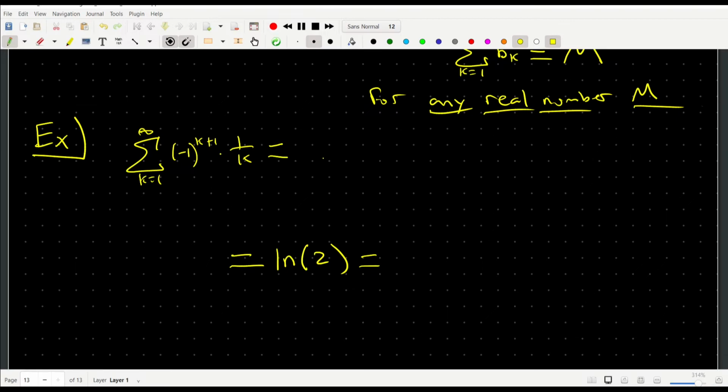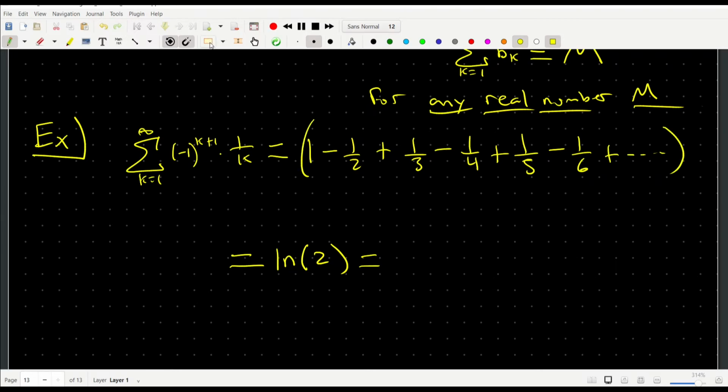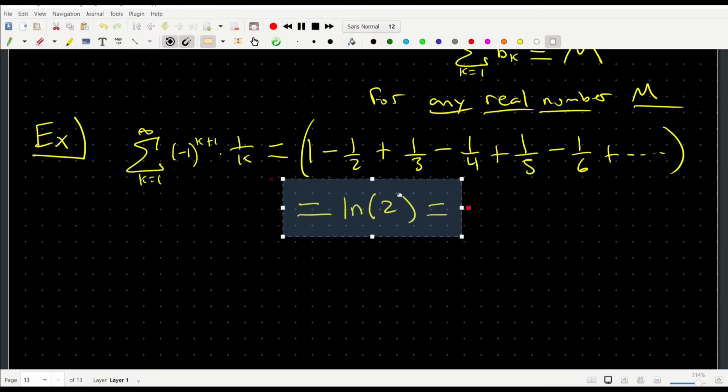So in order to get the natural log of 2, we have to do 1 minus 1/2 plus 1/3 minus 1/4 plus 1/5, and so on and so forth, all the way to infinity. This is the only way that we can get the natural log of 2.